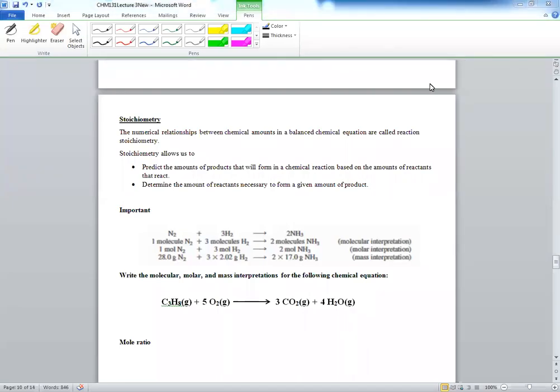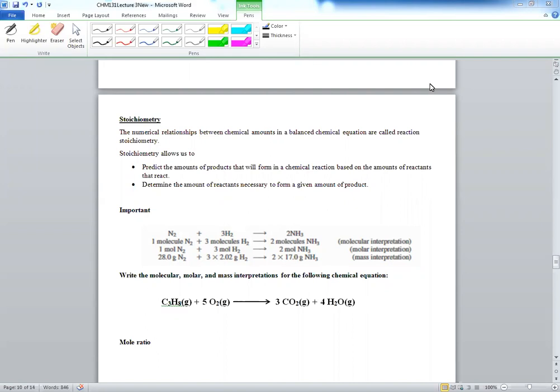You perform a chemical reaction in the lab. In order for you to perform this reaction, you cannot just open the chemical containers and say, okay, here's a handful of this, a handful of that. That simply does not happen, and experiments are not run like this.